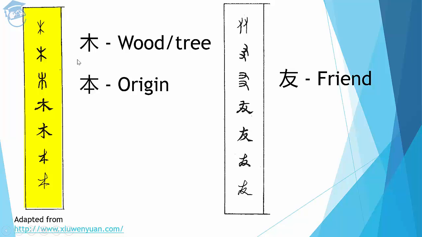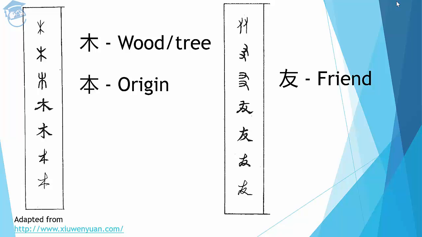And to indicate origin, which means it's the root of things, we put an indicator here at the root, which means the root or origin. So that's how the word origin comes about. And for the word friend, I like the evolution of friend the most.